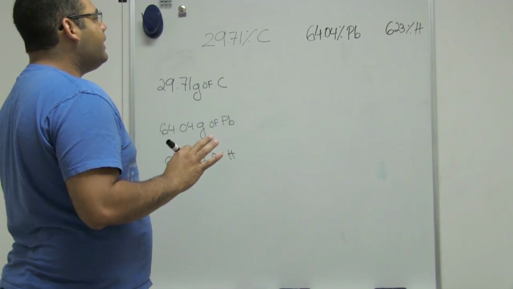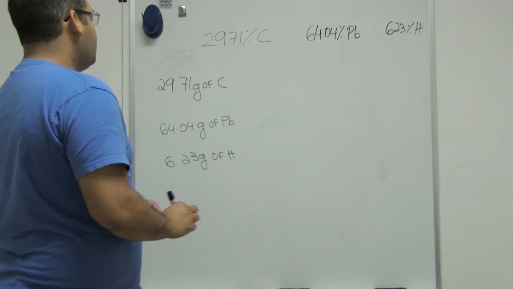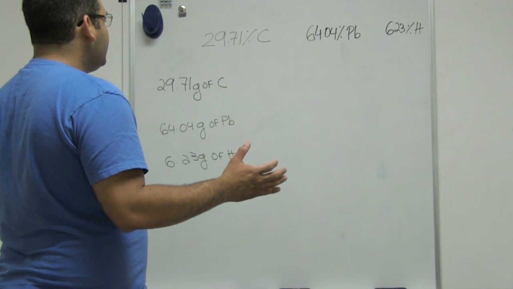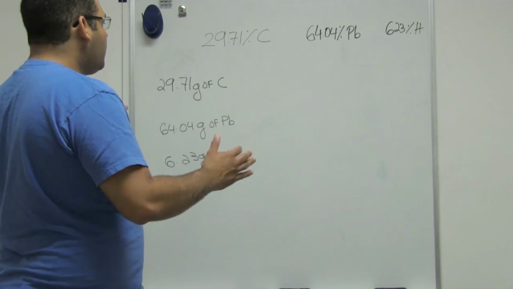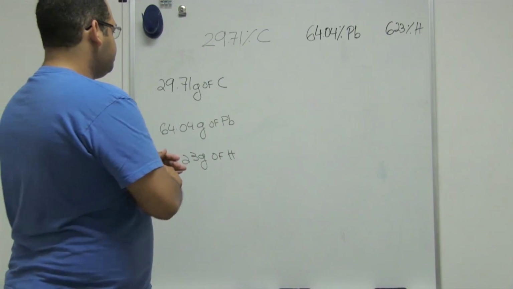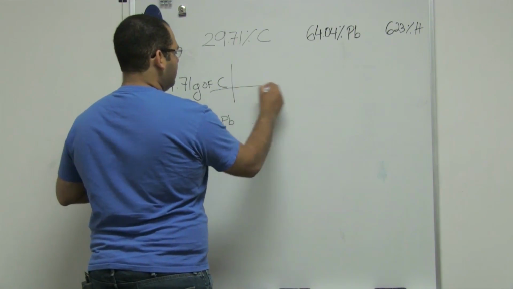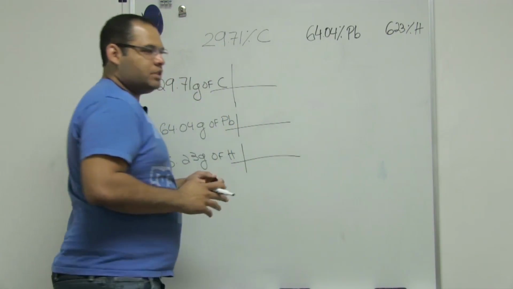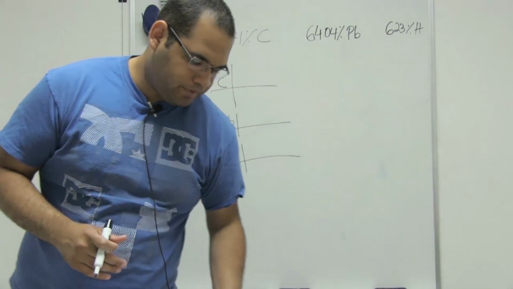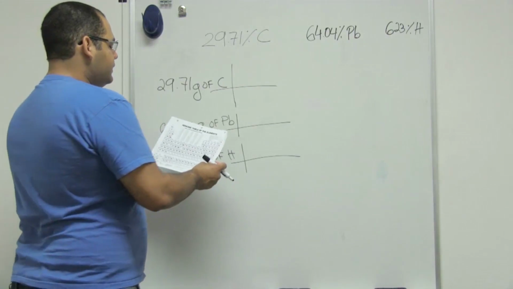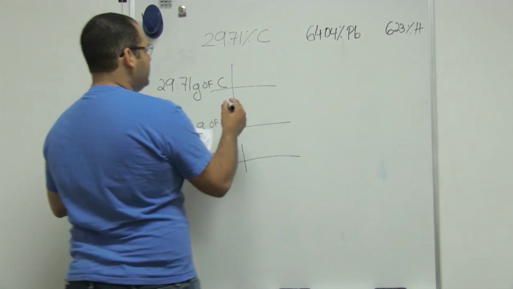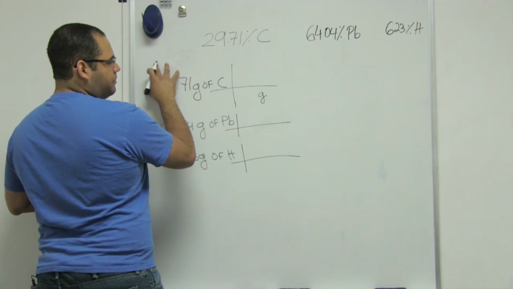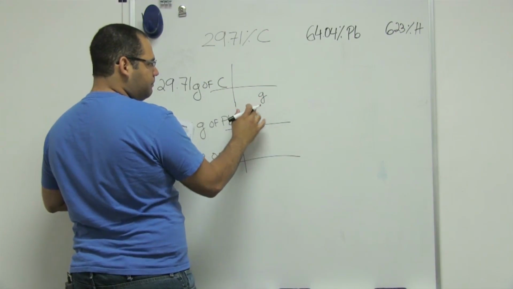At this point, we are already familiar with our molar map. So the first thing we need to do is find the moles of each one of them. So I go to my periodic table, I look at the molecular mass for carbon. Because grams is in the numerator, on the top, I want grams to be on the bottom.